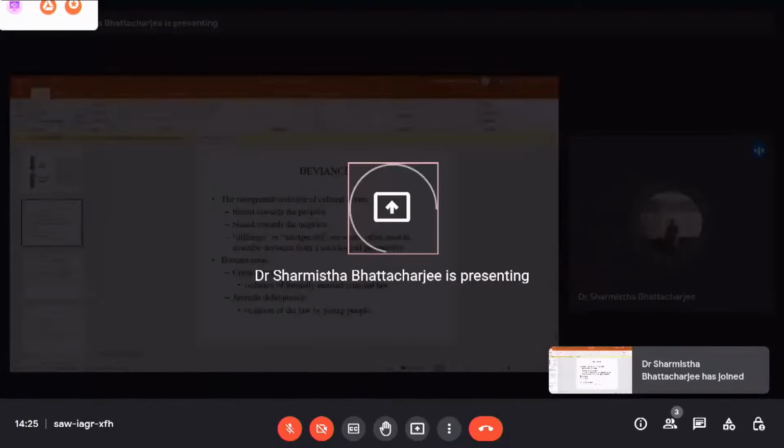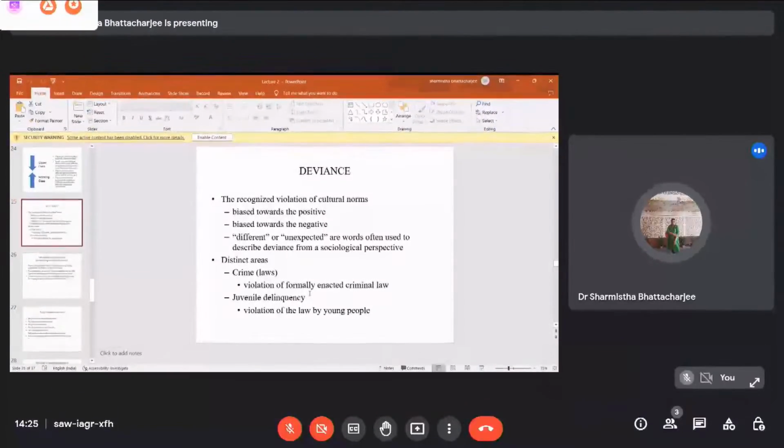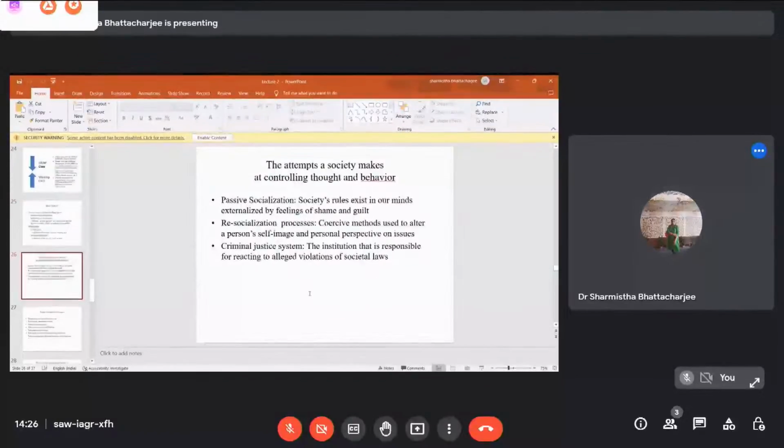Different or unexpected are words used to describe deviance as a sociological concept. Like crime and law, violation of formally enacted criminal laws, and juvenile delinquency, violation of laws by young people.